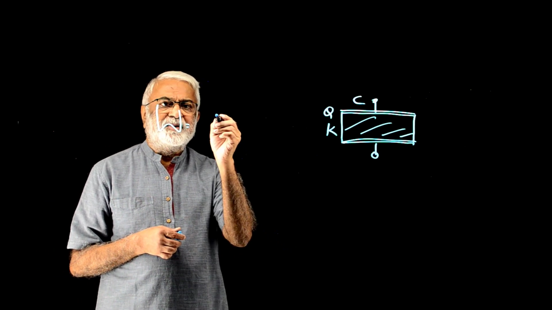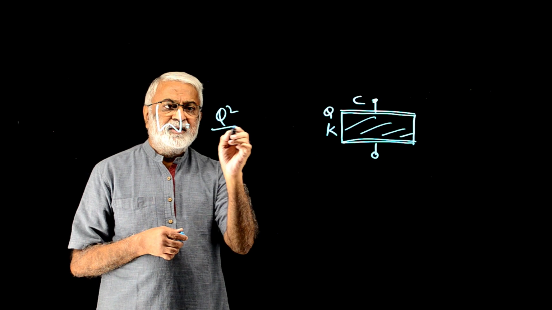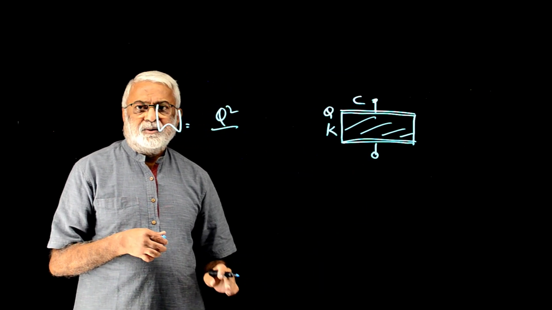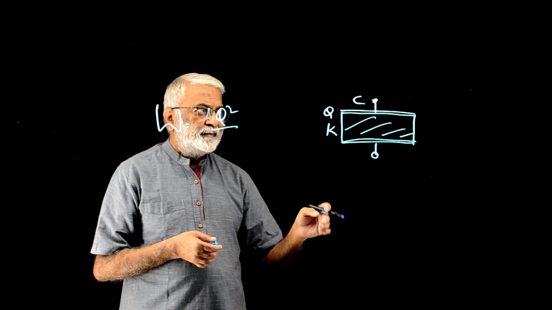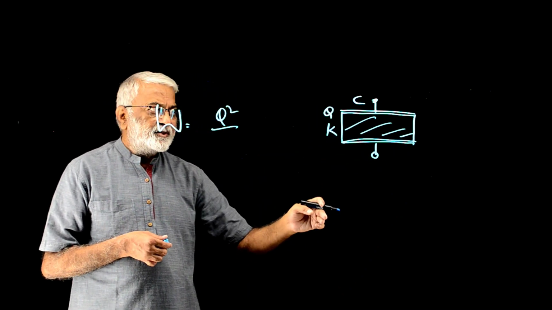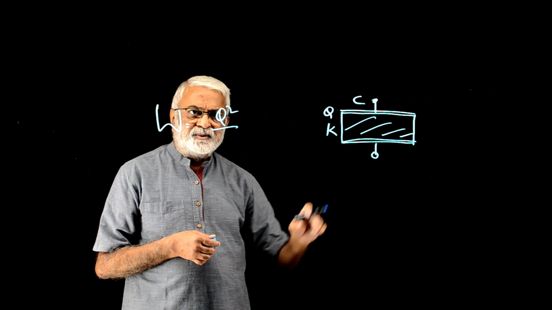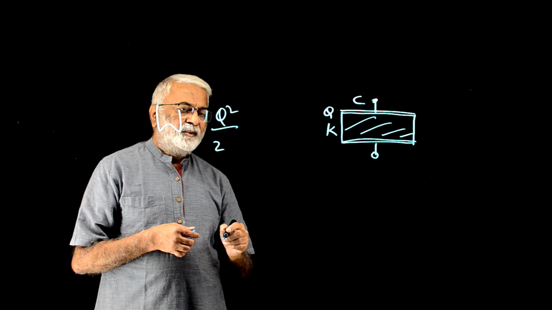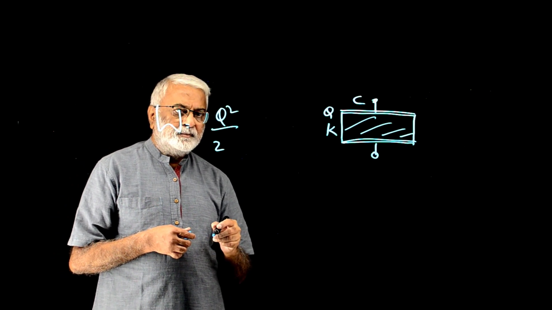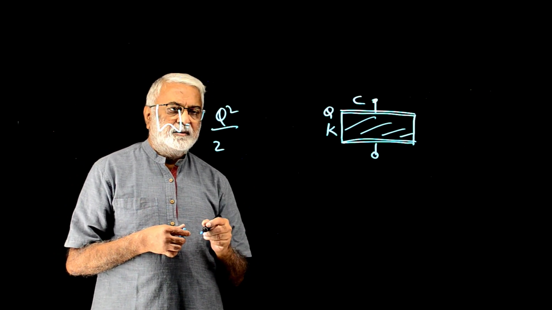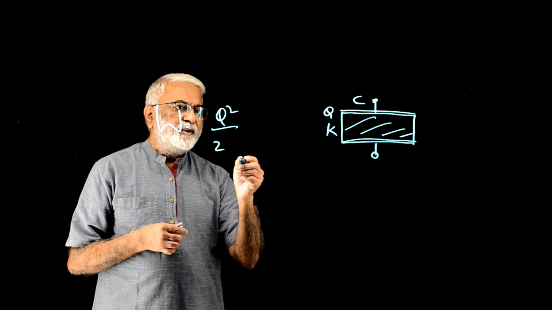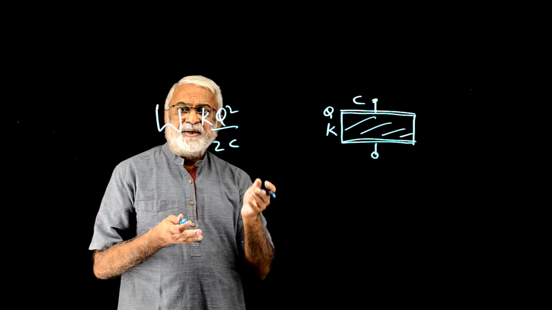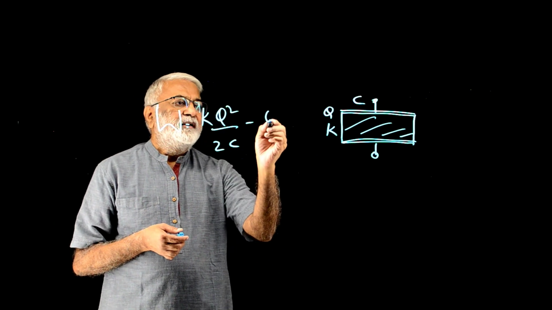Final potential energy is what? Q squared by, the charge is not changing here because there is no external connection, no cell to drive charge and maintain potential difference. So here the potential difference will increase. Q squared by 2 into C by K. Capacitance decreases by a factor of K. And this is initial.